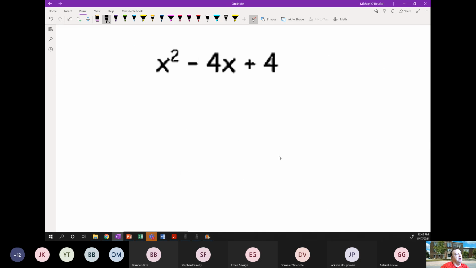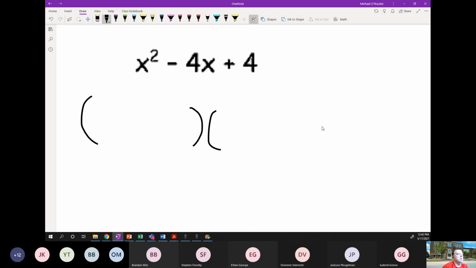We worked with these ones earlier. How about this one? What's this one going to be?